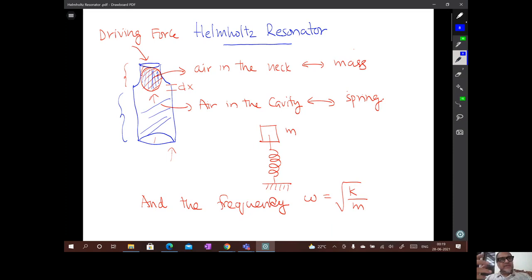Actually, here itself you can improve your model: there will be inertia for this mass in the neck, so you have to add a frictional force, a damping force. And when you put a driving force on top, like this tuning fork, there will be a driving force and a damping force, so it is a forced damped oscillator.